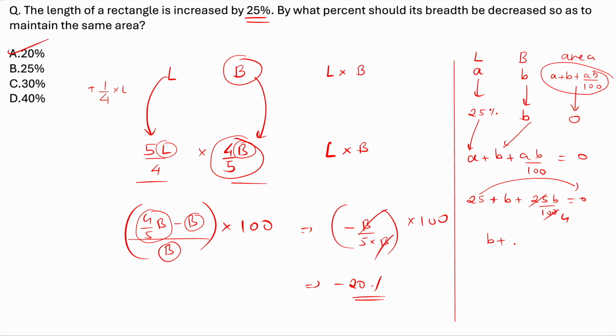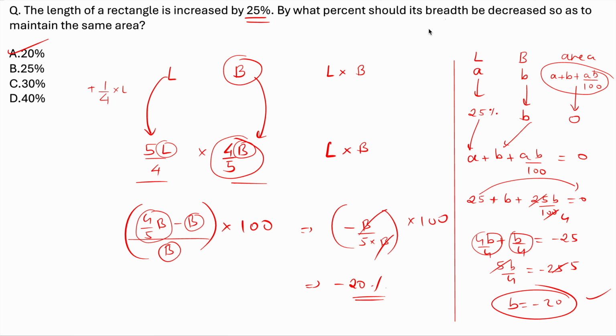I get B plus B by 4 is minus 25. Multiplying above and below by 4, 4B by 4 plus B by 4 is 5B by 4 is minus 25. 5 into 5 cancels. B is minus 5 into 4, that is minus 20. Or the percentage change in the breadth is minus 20, means the breadth has to be decreased by 20% to get the answer, right? That's another way. The answer is still option A.